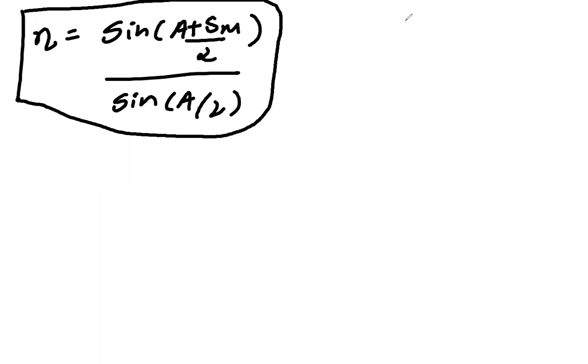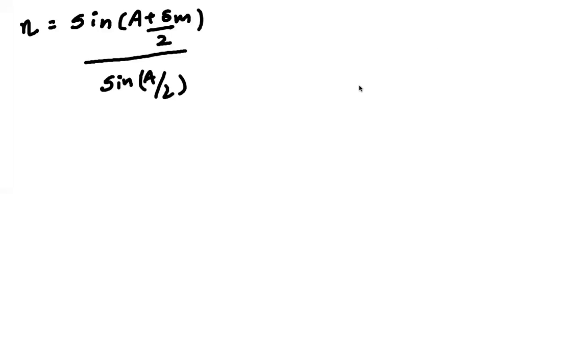So this expression carries a total of 4 marks, and many MCQs can be found in NEET or JEE. Let's say n equals sin (A plus delta m) by 2 over sin (A by 2). Suppose this angle is very small. By mathematical notation, if theta is very small, sin theta is nearly equal to theta.